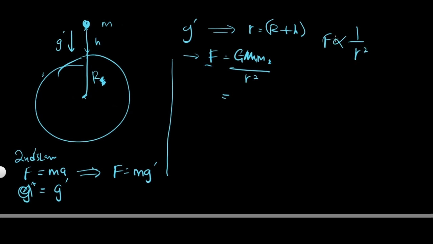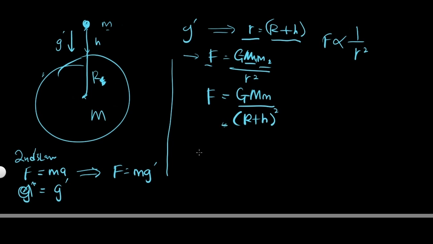So the further we go from the center of Earth, the weaker the force becomes. Here F equals G, M1 is the mass of the planet, M2 is the mass of the object, and we divide by r squared. If the object is placed at a certain height from the surface, r becomes R plus h, and don't forget to square it.